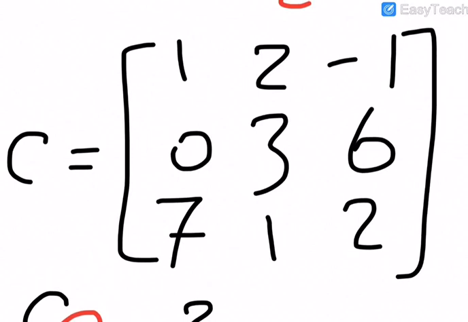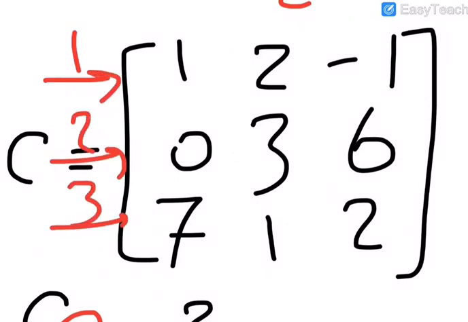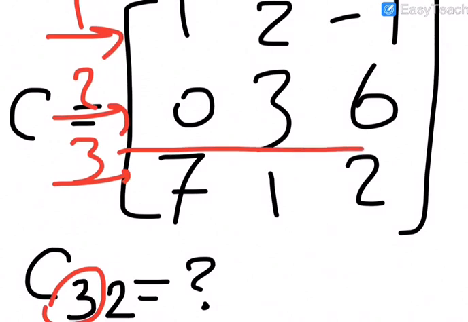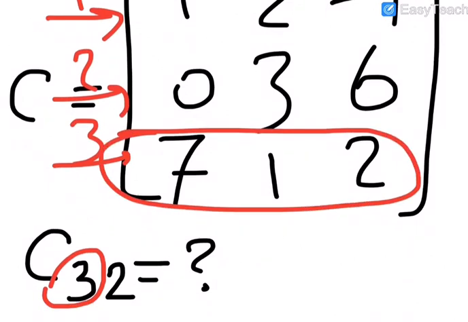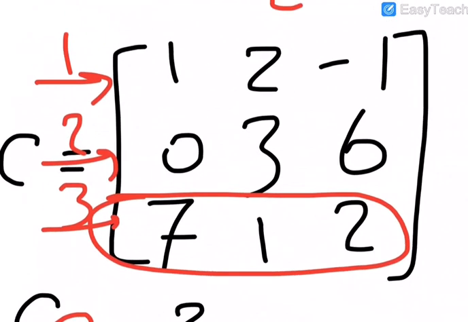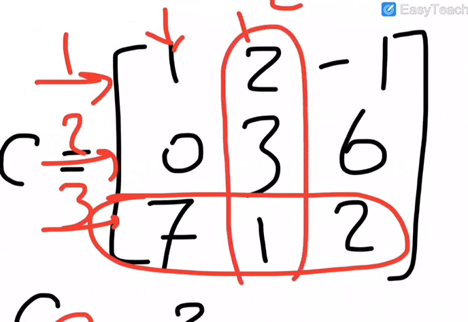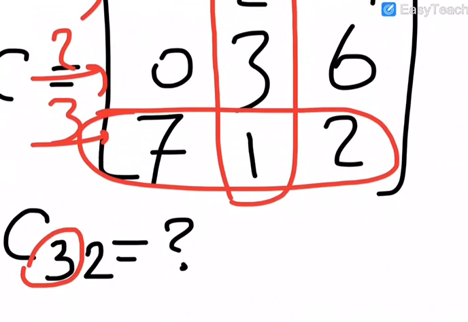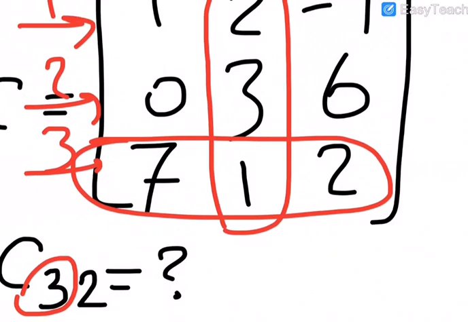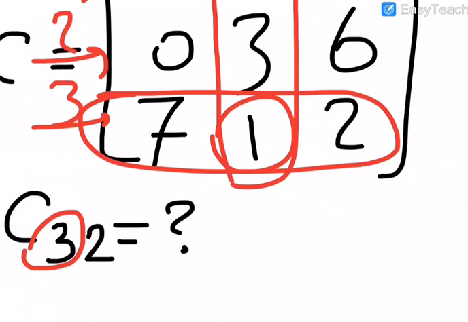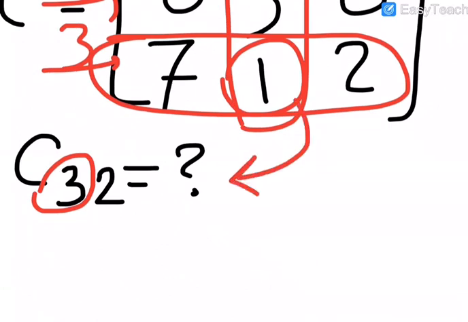Let's look at the matrix. This is the first row, this is the second, and this is the third. So we are talking about this row. And which column? The second column. This is the first column, this is the second column. So we are talking about these. What is the common number between these two? It is 1. So the answer is 1. That simple.